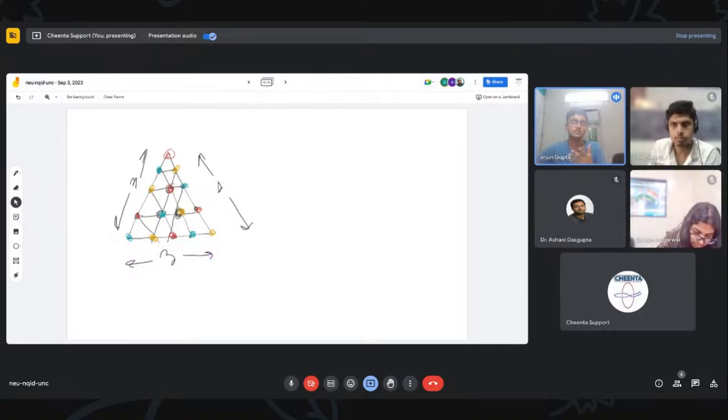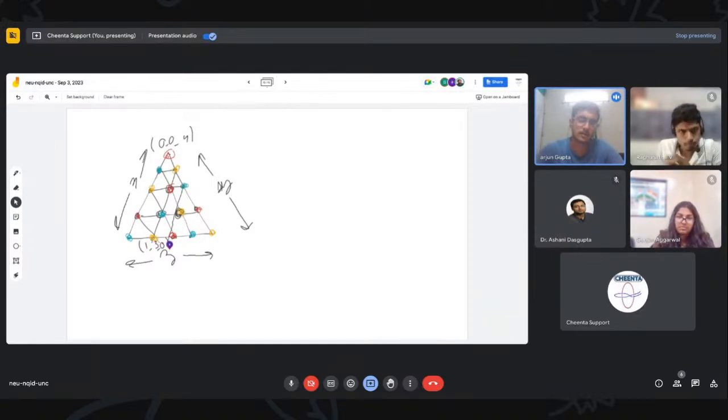Essentially, I denote this point as (0, 0, 4), because the x-axis has moved 0 units, the y-axis 0 units, and the z-axis 4 units. And this point would then be x-axis moved 1 unit, and so on. And then this point would be (1, 2, 1).